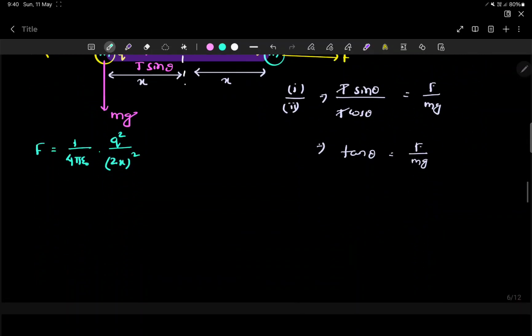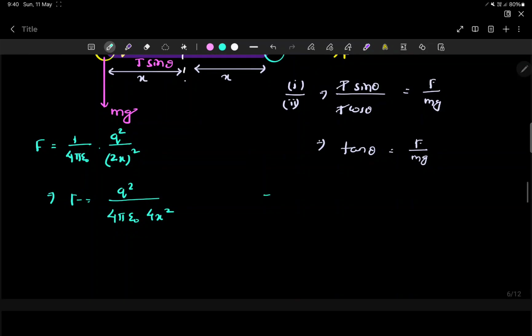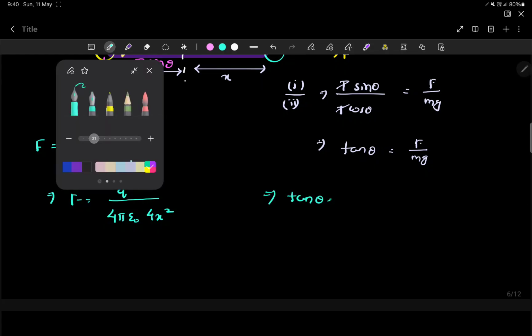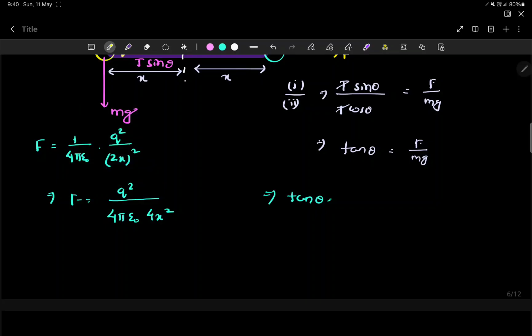So F is equal to q square divided by 4 pi epsilon naught into 4x square. Which implies tan theta is equal to q square by 4 pi epsilon naught into 4x square divided by mg.